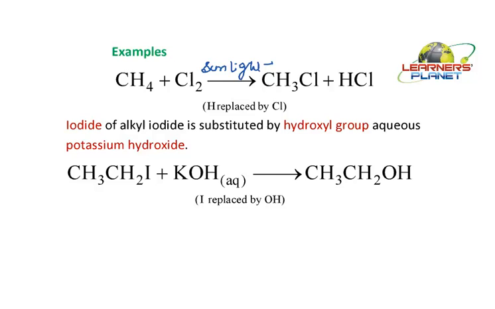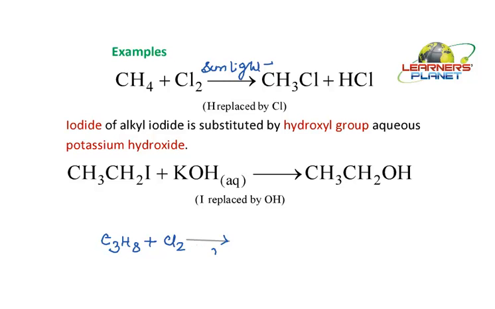So if I take another example, that is of some other alkane, let's take propane. What is the formula of propane? It is C3H8. Now if I treat this with chlorine in the presence of sunlight, do remember this, that the reaction of alkane with halogen takes place in the presence of sunlight only.